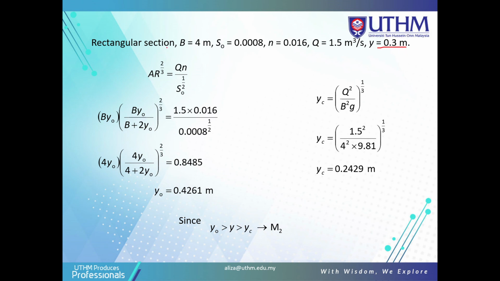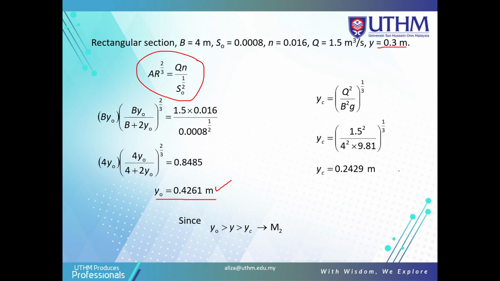You must find Y naught first to get the type of GVF profile. You find Y naught, the normal depth, based on the formula in chapter 2, by trial and error, so you get Y naught here.